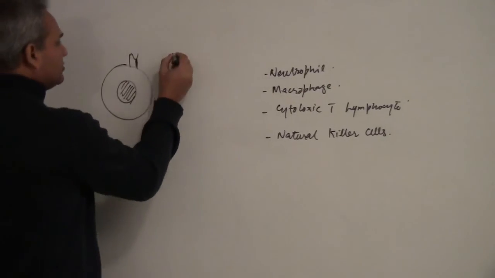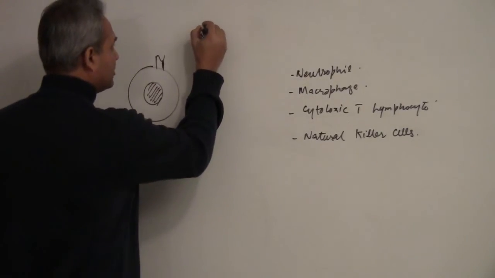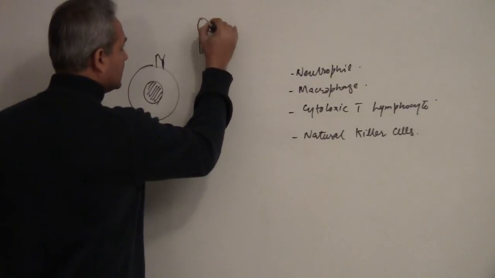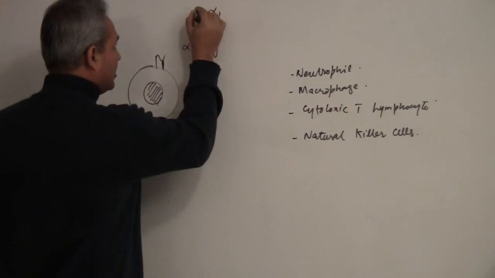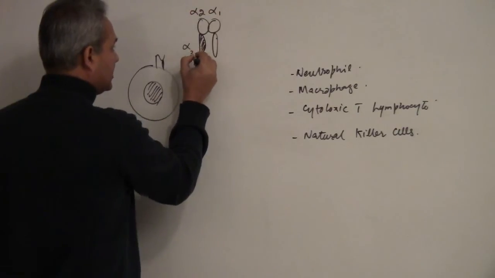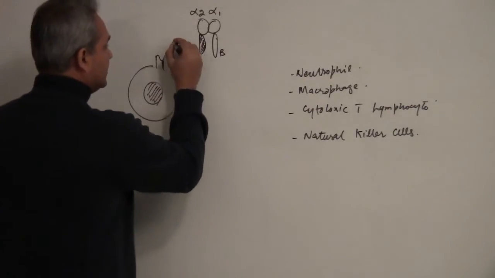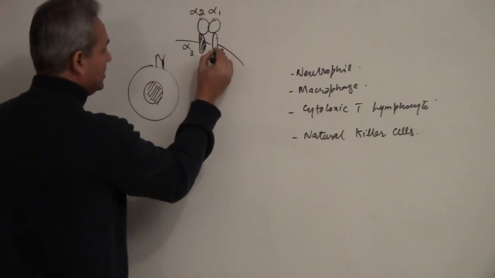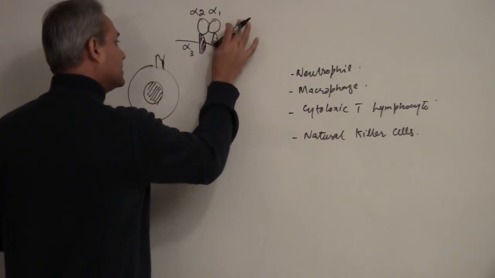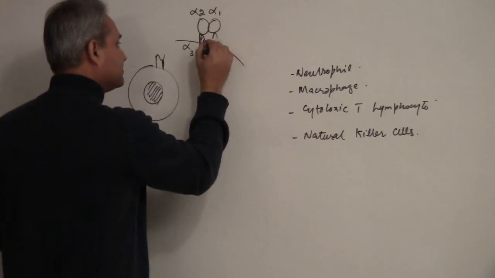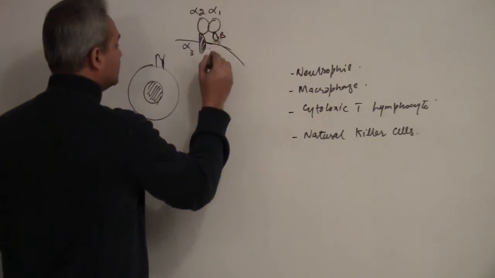The MHC class 1 molecule is normally made up of a structure like this: alpha 1, alpha 2, alpha 3, and then beta 2 microglobulin.